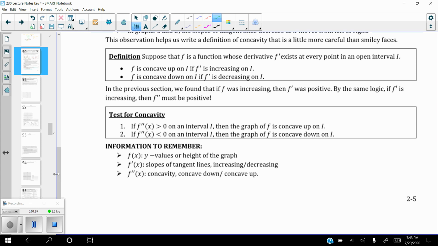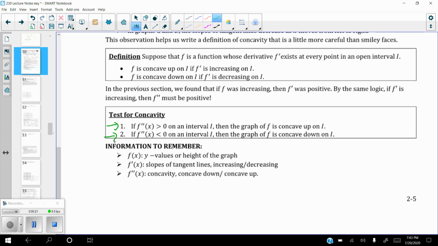If f double prime is positive, or greater than 0, then the graph is concave up. If f double prime is less than 0, then the graph is concave down. The general idea behind that is the second derivative is a derivative of a first derivative.